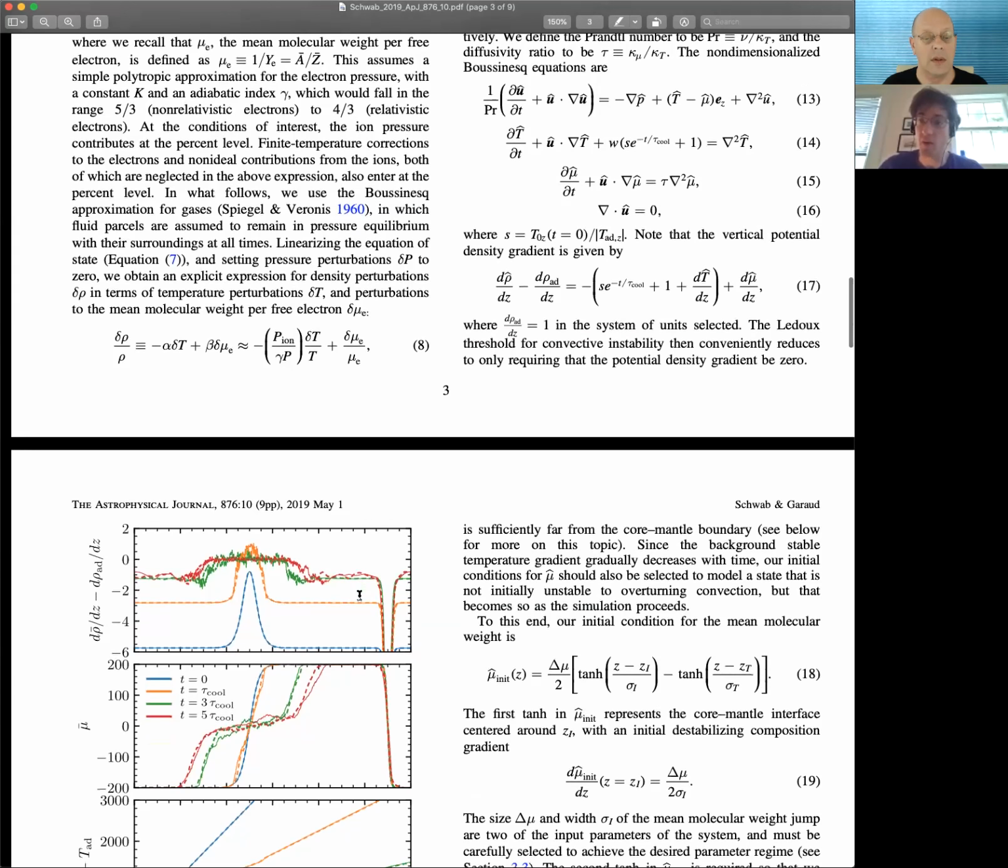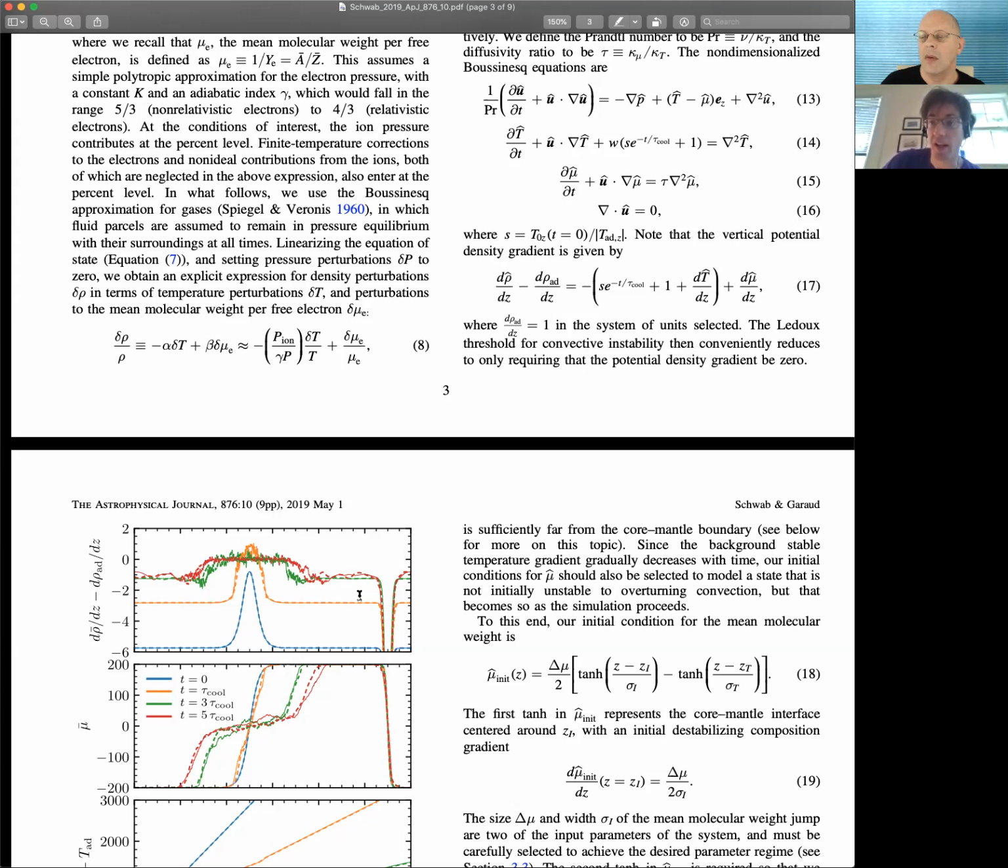Yes, and so the other thing is we're making an approximation which is maybe not so great. We're assuming here again that things are essentially going to stay in pressure equilibrium and that there aren't big pressure changes. That's not right: the size of this region in the star is actually similar-ish to a pressure scale height, so that approximation starts to not be great.